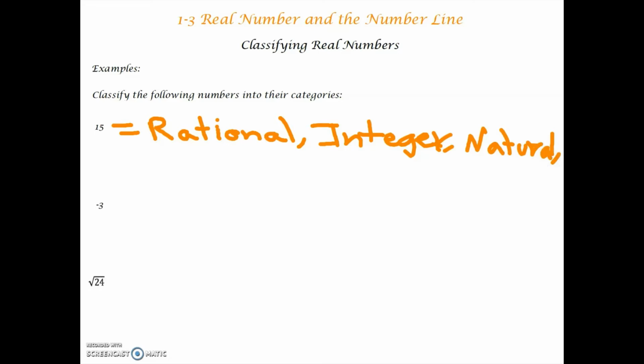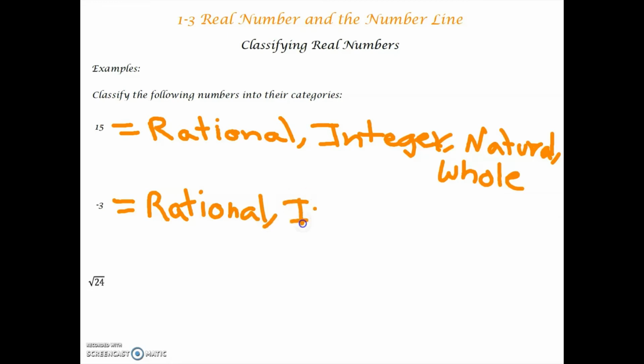And 15 is also a whole number. Negative 3 is a rational number, and negative 3 is also an integer. The square root of 24 does not have a perfect square, so it's an irrational number.